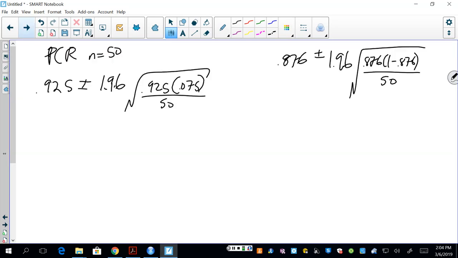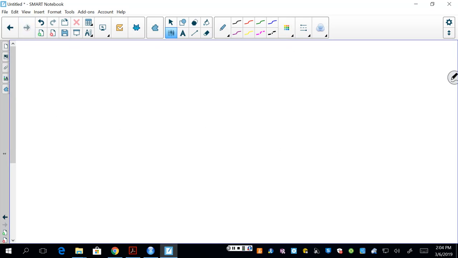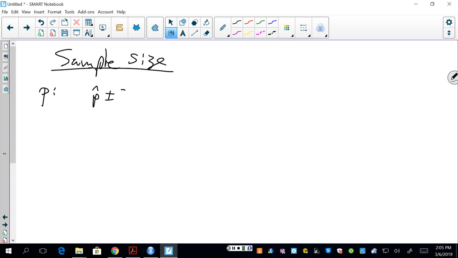Now we've done confidence intervals a couple ways, for a couple things. And we can use these formulas to look at sample size. Right? How many cases should you have in your study? So for a proportion, our confidence interval was p hat plus or minus a normal Z times the square root of p hat times 1 minus p hat over n.